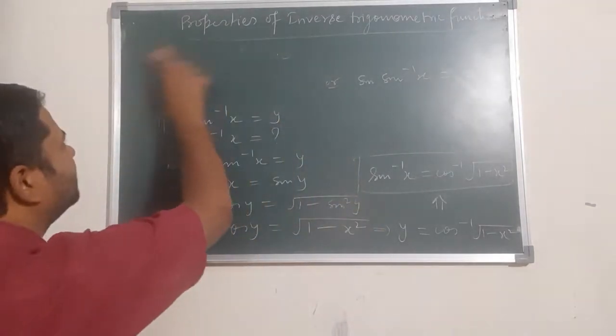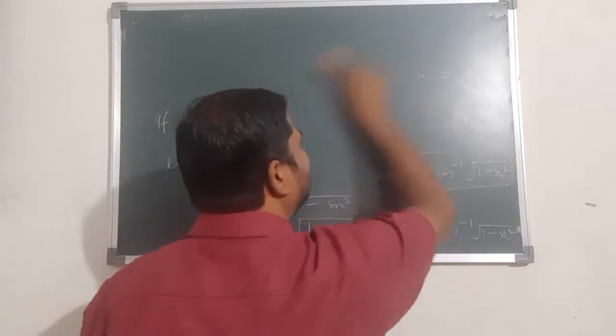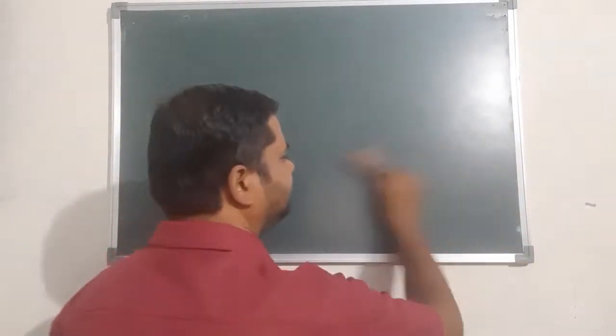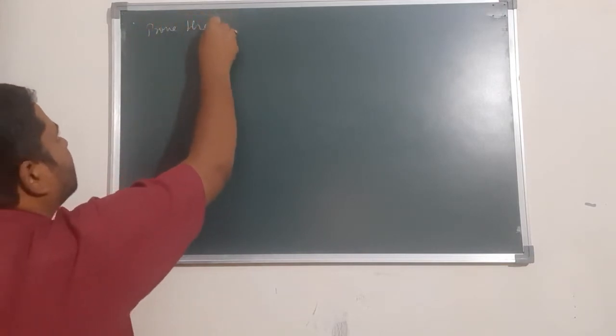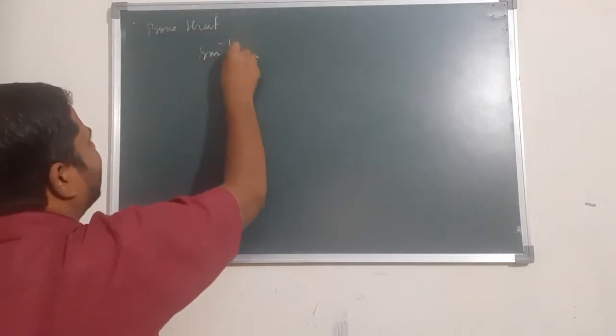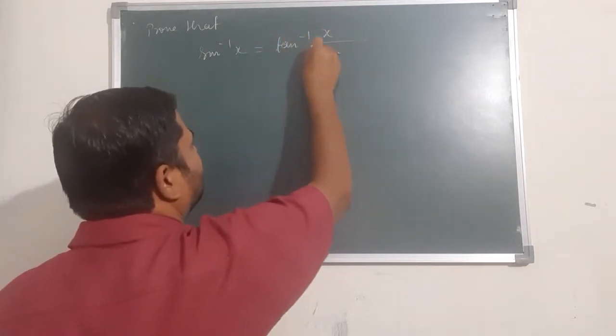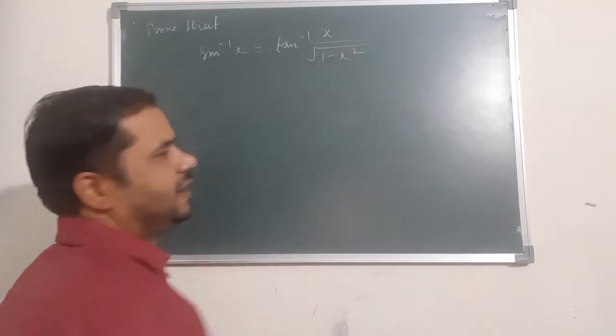Now we find sine inverse in terms of tan inverse. So see, prove that sine inverse x is equal to tan inverse of x upon root of 1 minus x square.